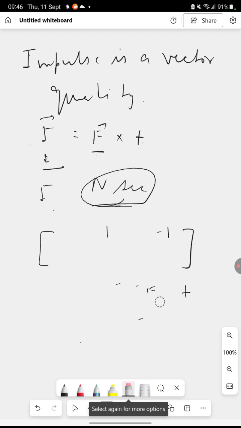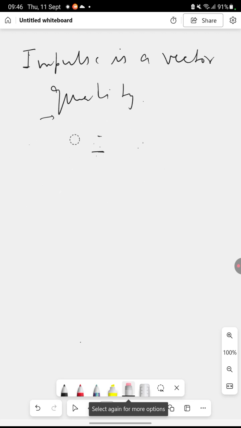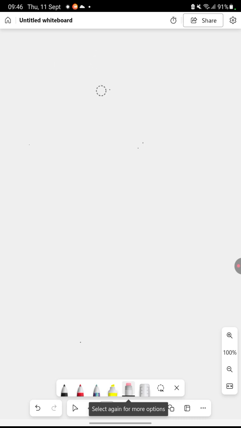We can discuss some examples for impulse. You have seen a cricketer when he catches the ball. Here is a cricket player.